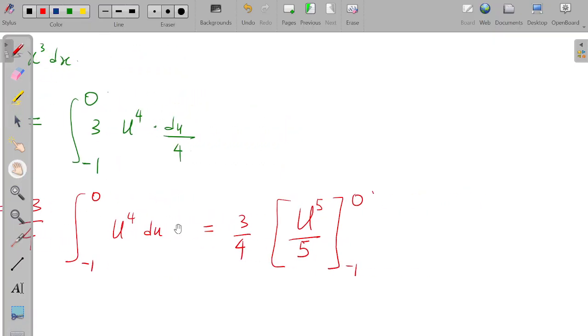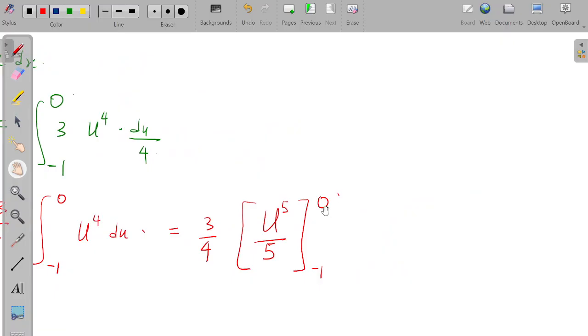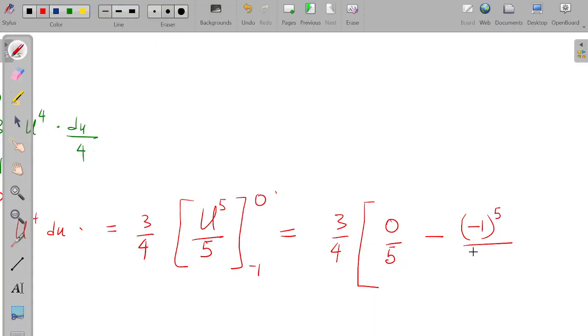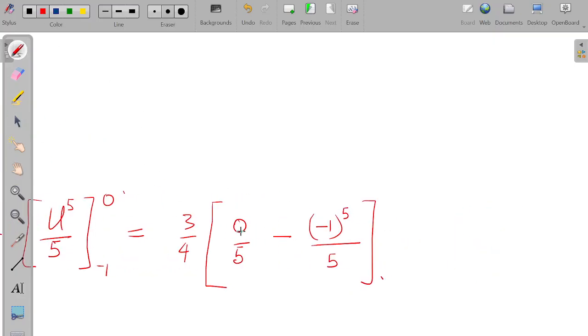So what do we do? We need to now evaluate at 0 first, then minus, evaluate at negative 1. Okay, this becomes 3 over 4 out. At 0, this will be 0 over 5. Minus, at negative 1 raised to power 5 all over 5. Okay. So what do we do? Now this is 0, 0 goes away. This is negative 1 over 5.